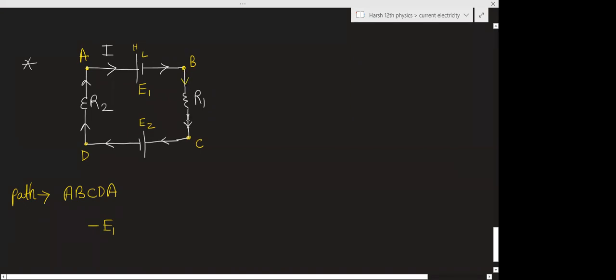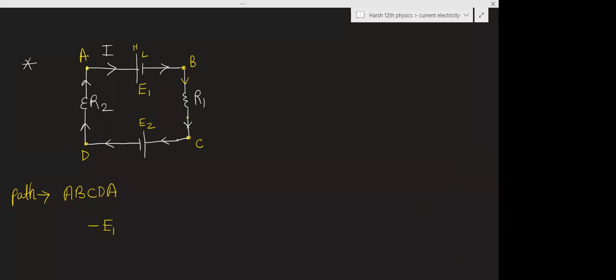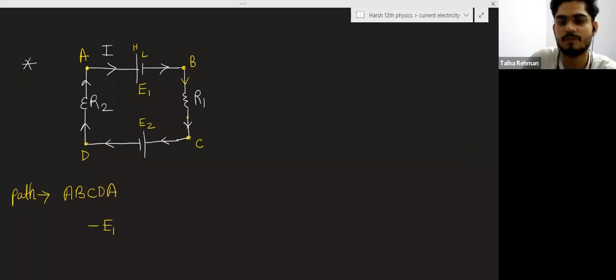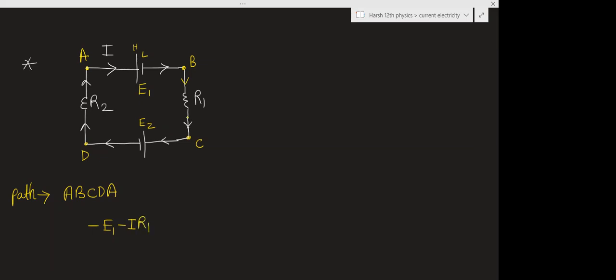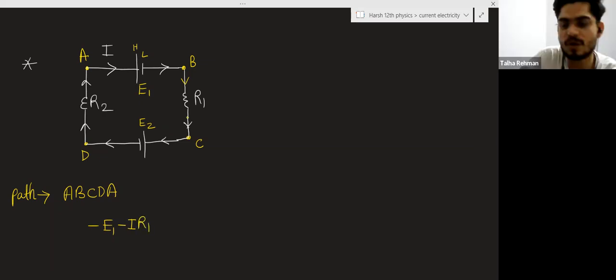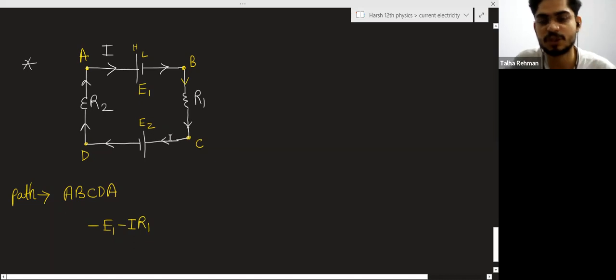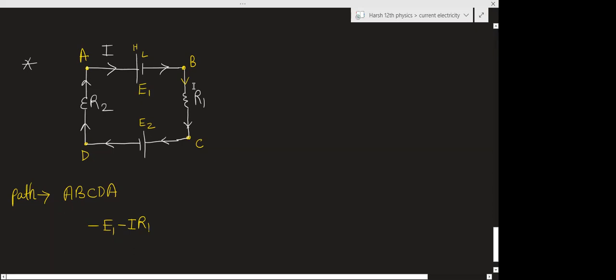So what will you take? Minus I into R1, because V is equal to IR. The potential difference across this will be IR, and you will take negative because you are moving from higher to lower potential.